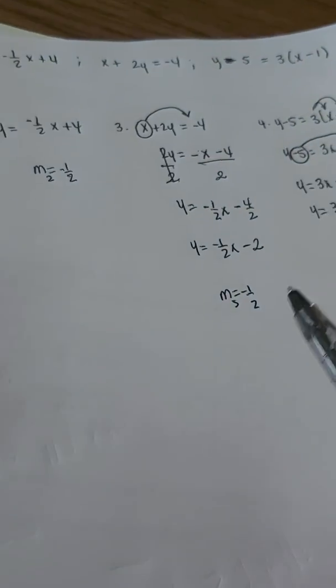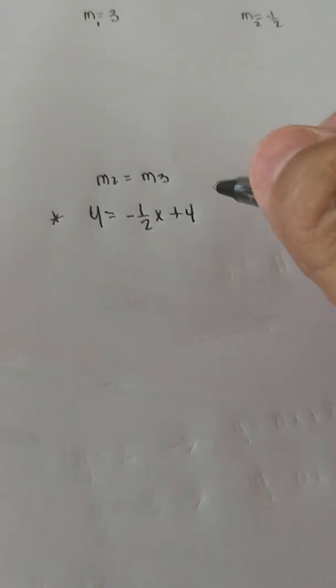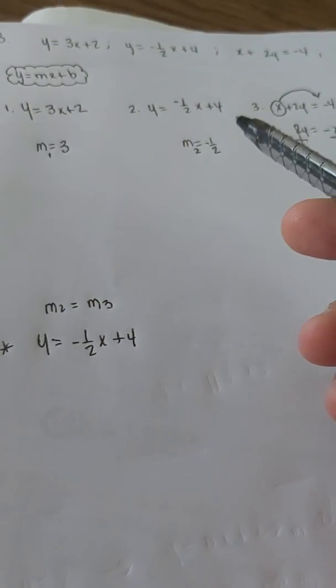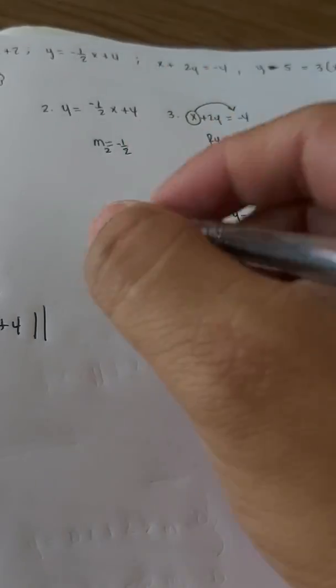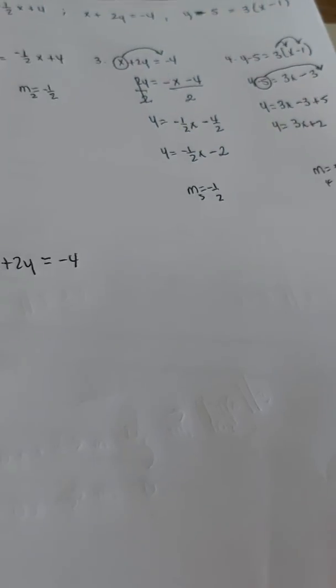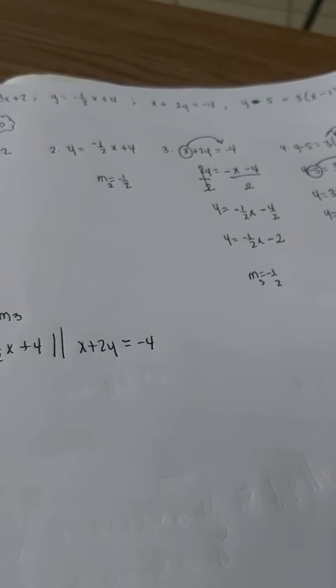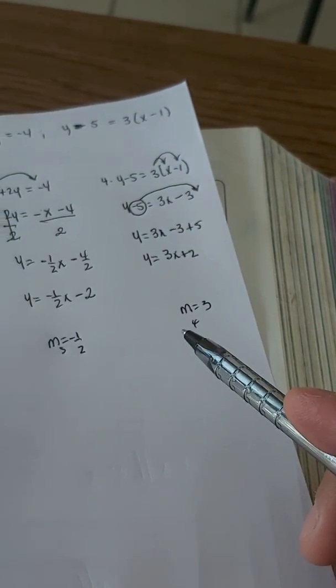Since that is true, we can state that y equals negative 1/2 x plus 4 is parallel to x plus 2y equals negative 4.